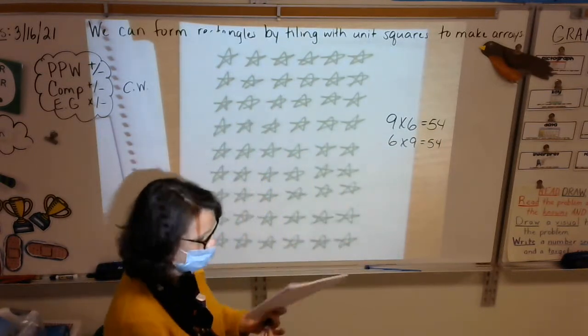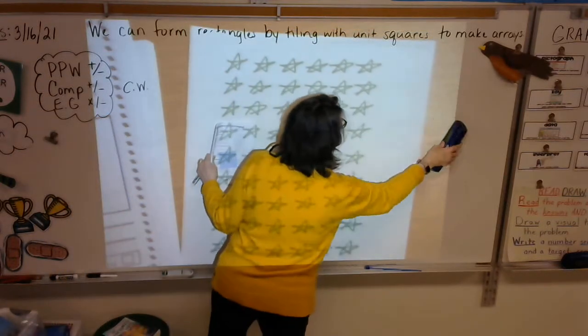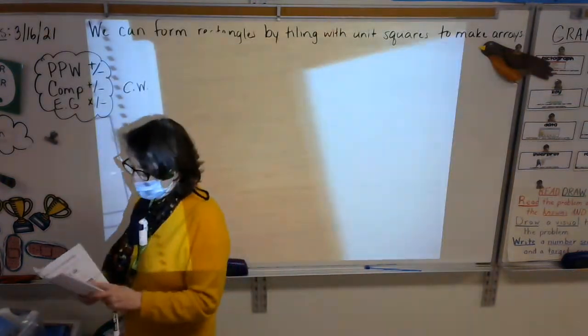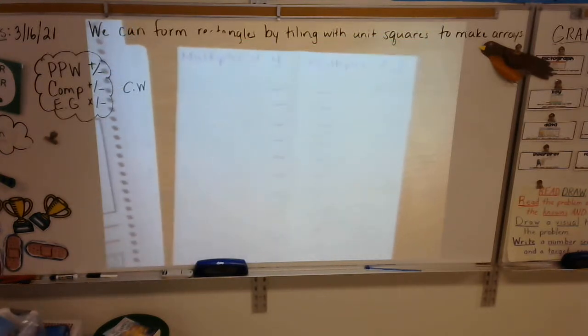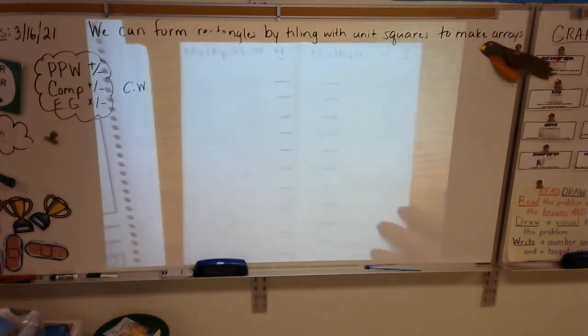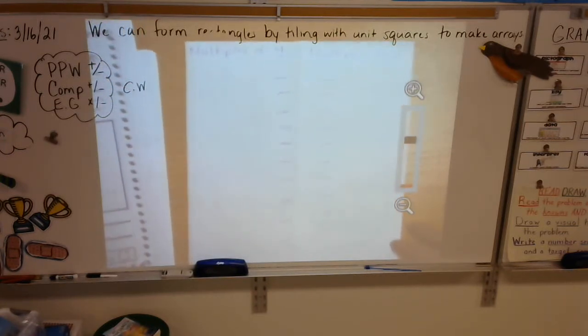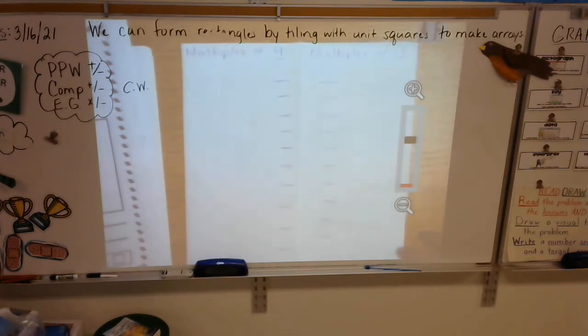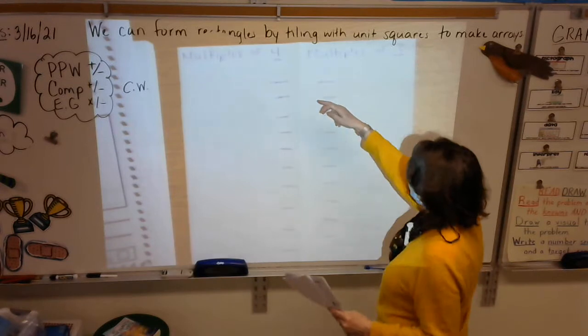All right, excellent, boys and girls. Okay, I want you to put your personal whiteboards away. And now we're going to look at common multiples. So put your personal whiteboards away, and I have a worksheet for you. Okay, so the worksheet is split into 2 columns. On the left-hand side, we're going to write all our multiples of 4. So we're going to write them down like this.